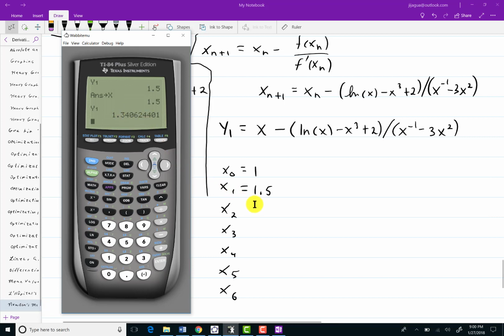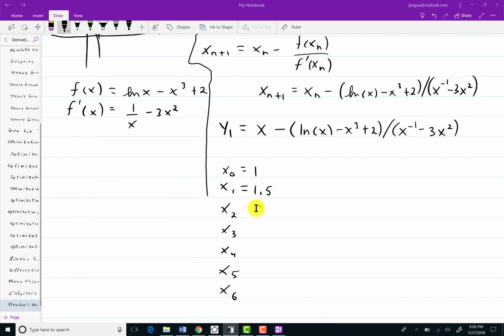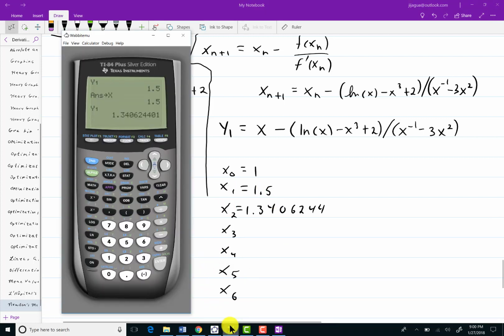3406244. And I believe that was 1 point. So right now I don't have nearly enough decimal places of accuracy as of yet. Now I'll store this into X. Enter.